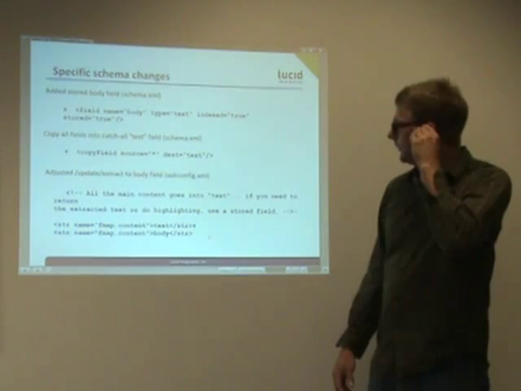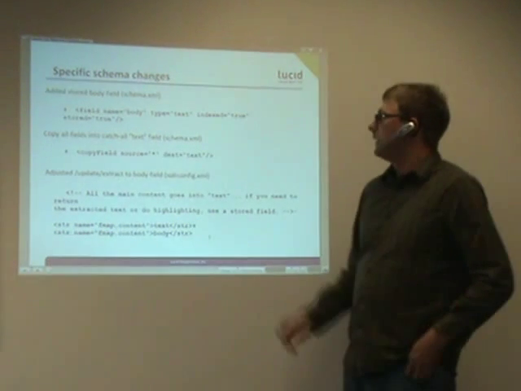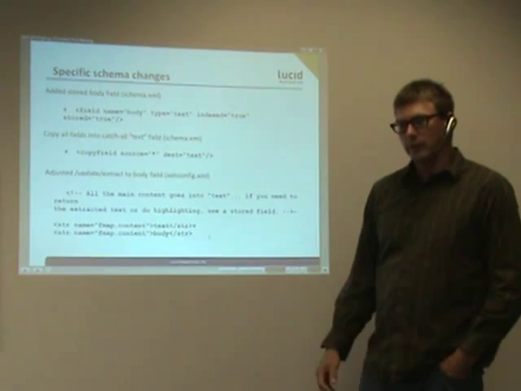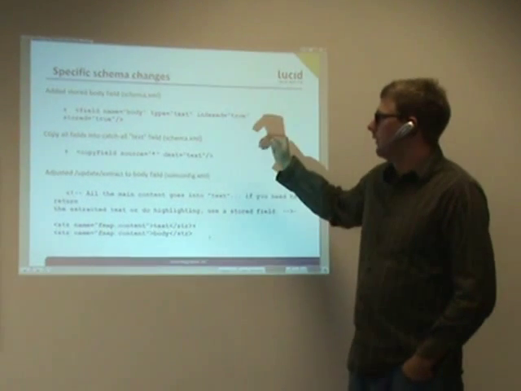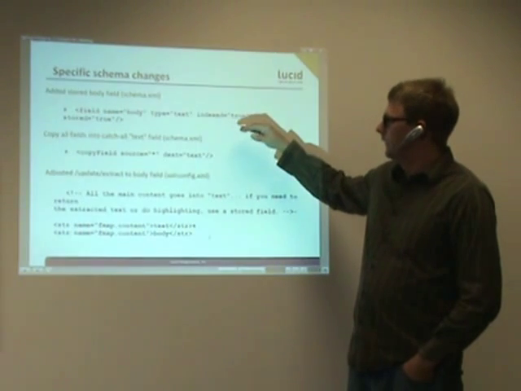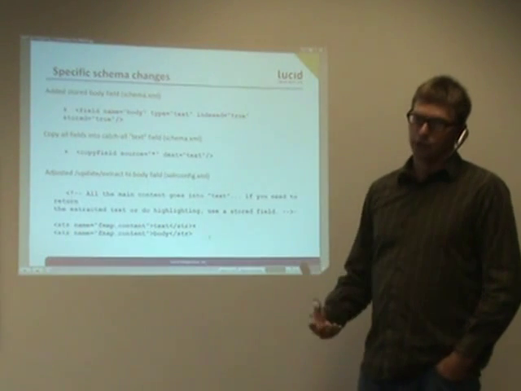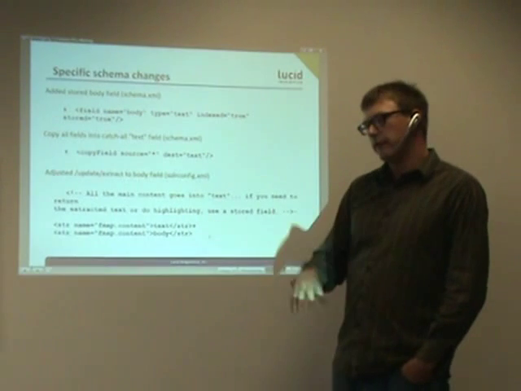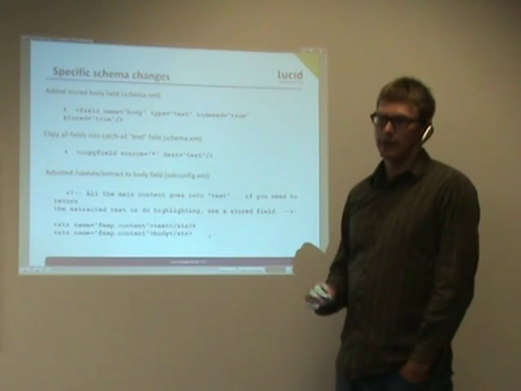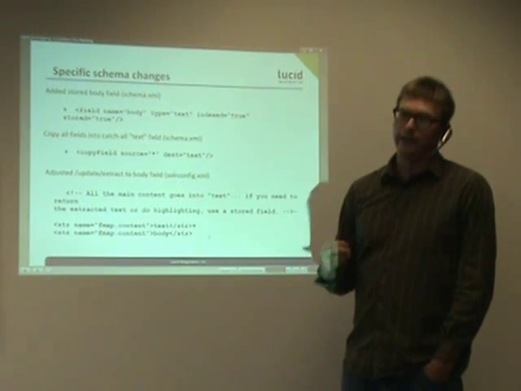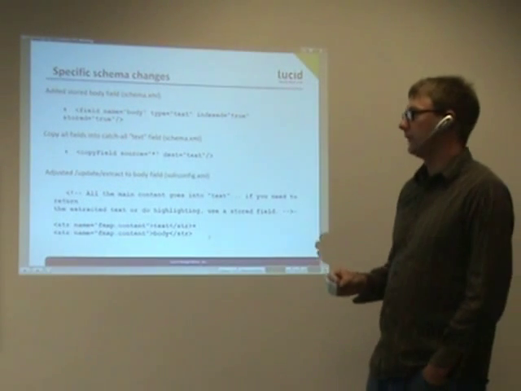All right, so specifically, the changes that we're going to make for the schema: we're going to add a body field. The reason we're adding a body field is that we want to make the field stored. By default, when we just index that PDF file, we index into a field called literally text.